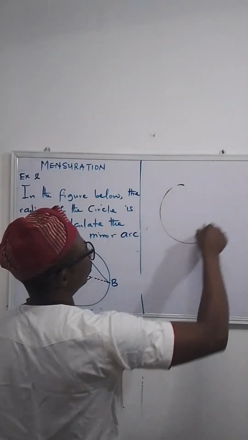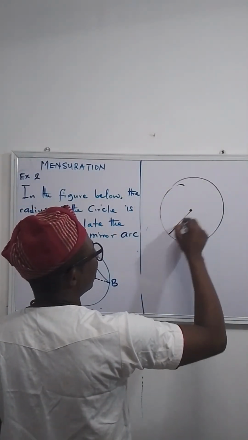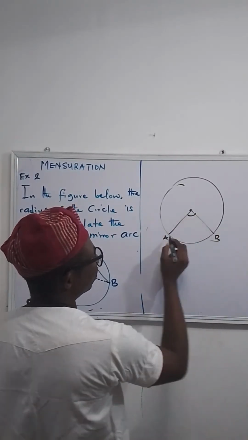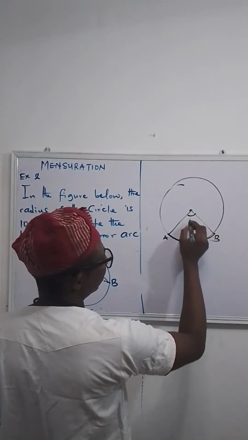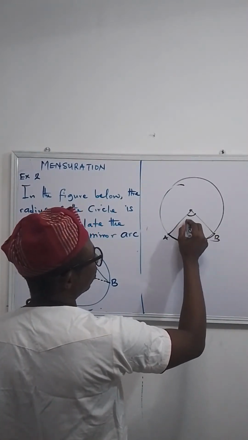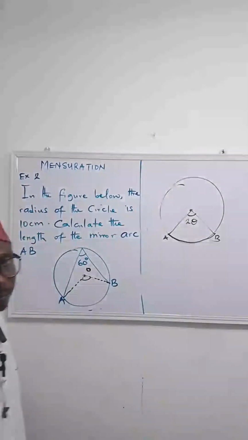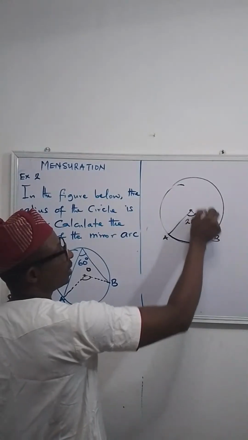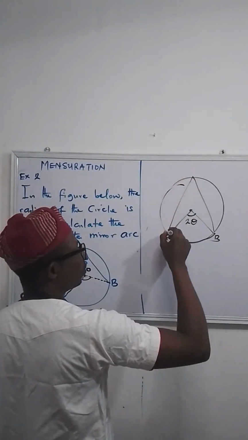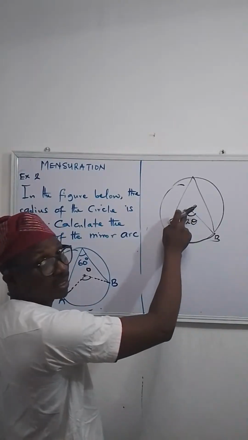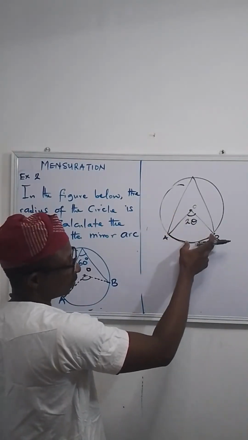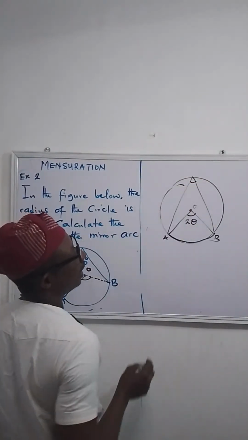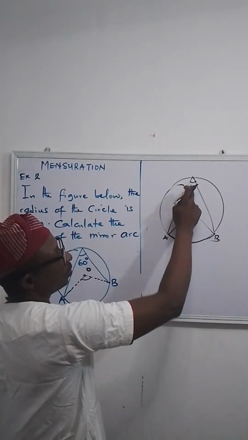If I have a circle and an arc AB, this arc AB subtends an angle 2 theta at the center. If the same arc subtends another angle at the circumference, this angle here is going to be half of what we have here.